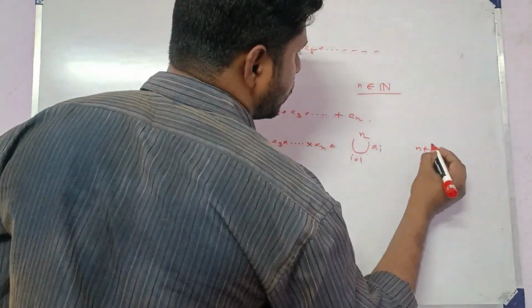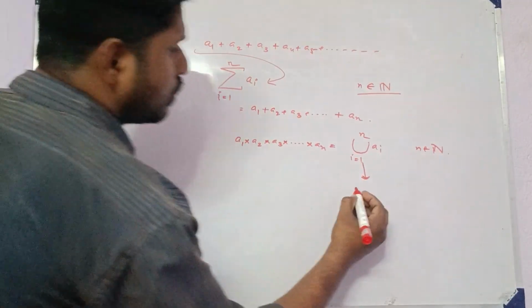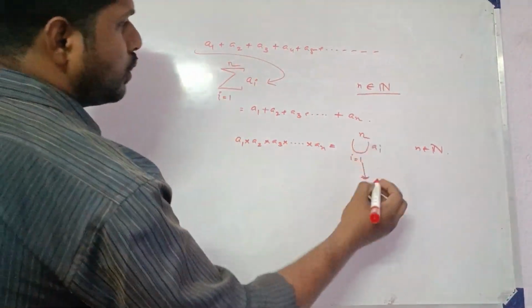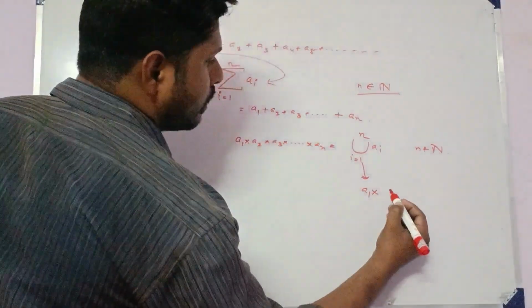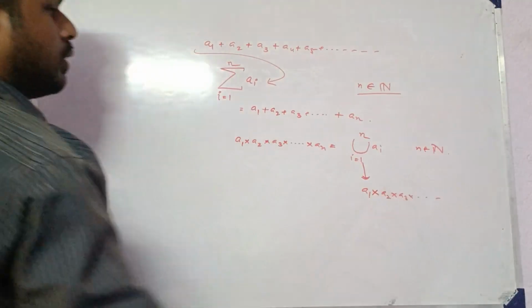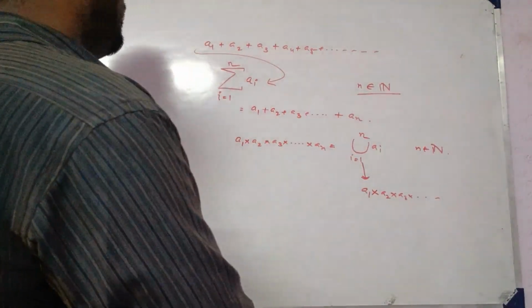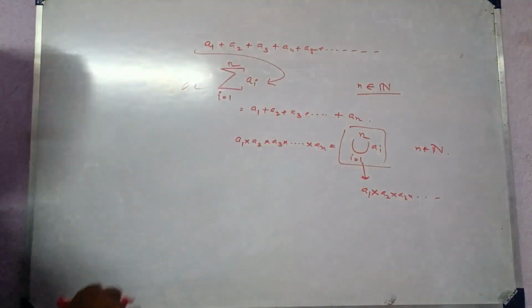Same thing, n belongs to natural numbers. So when i equals 1 we have a1, for this multiply sign will come, then a2 again multiply, then a3 and it goes on. So these are a few notations. We will not deal with this notation right now, we will deal with that one.